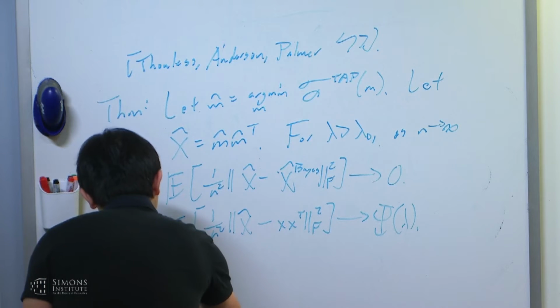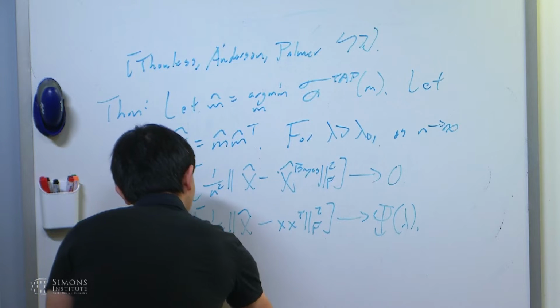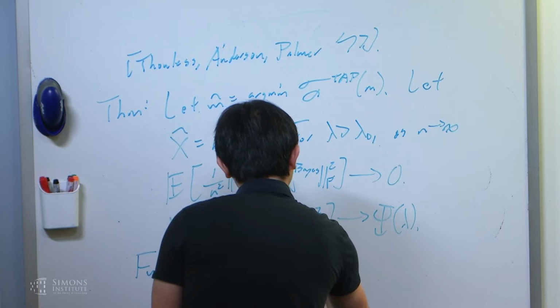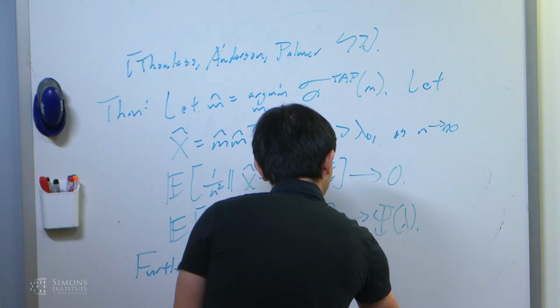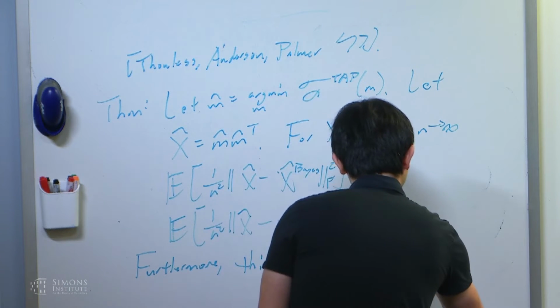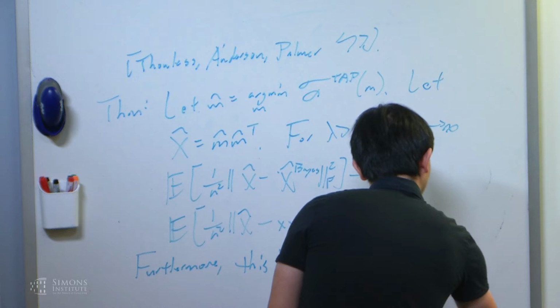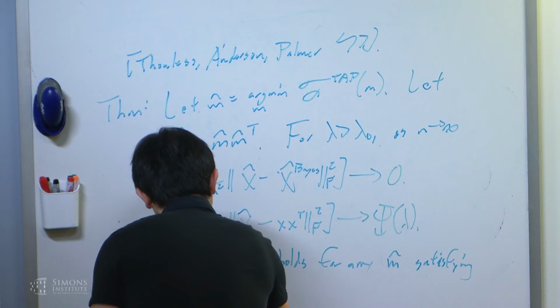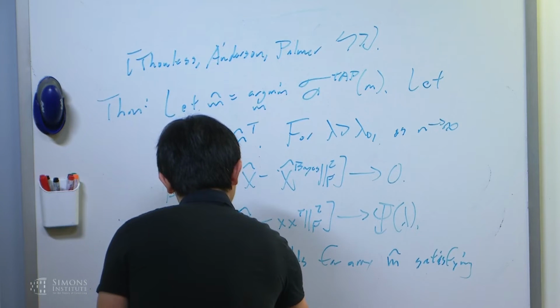So the specific result that we show in our work is that this statement holds not just for the global minimizer, but for any critical point, so any m hat satisfying that the gradient is equal to 0, provided that the value of this function is sufficiently small.